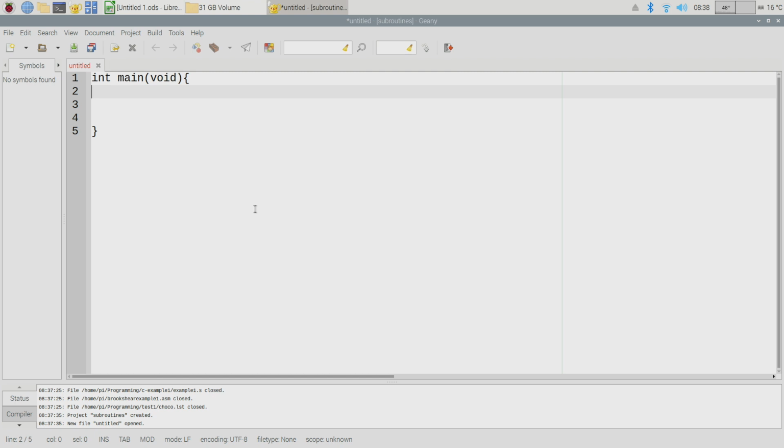Okay, so let's write a stupid function or a stupid program. First off, let's just define a number of some sort. And just to remind ourselves, what's the difference between a long int and an int? A regular int is, yeah.